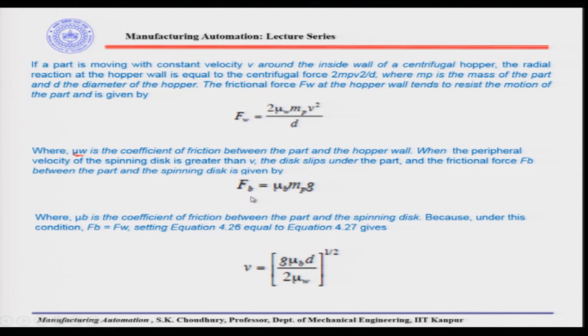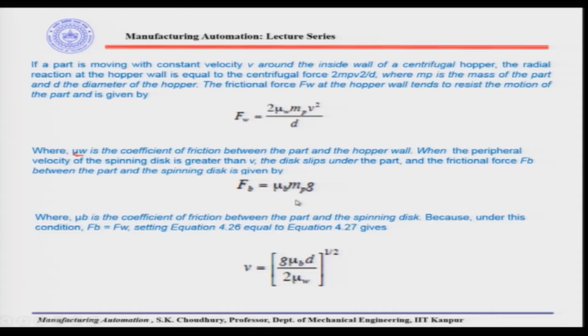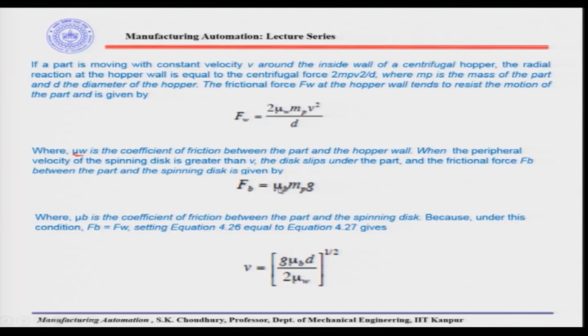Regarding the frictional force with the base, we have said that if the base is rotating at a higher speed than the velocity of the parts, the parts will slip over the spinning disc, and then the frictional force on the base will be equal to m_p g times mu b. m_p is the mass of the part, m_p into g is the weight acting vertically, and that multiplied by the coefficient of friction between the part and the base will give you the frictional force on the base.